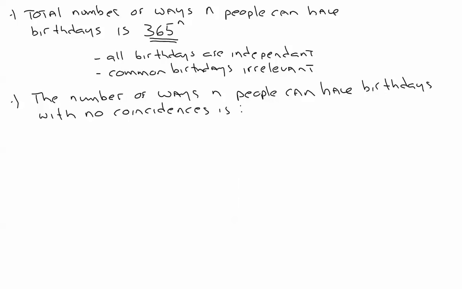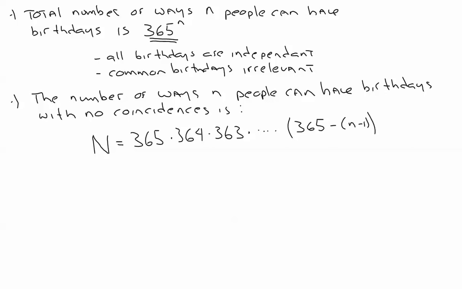Let me write this down and then I will dissect it for you. We're going to call this a capital N. 365 times 364 times 363 times all the way out to 365 minus n minus 1.